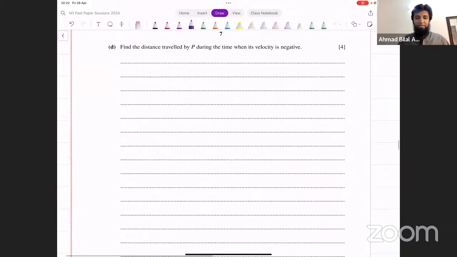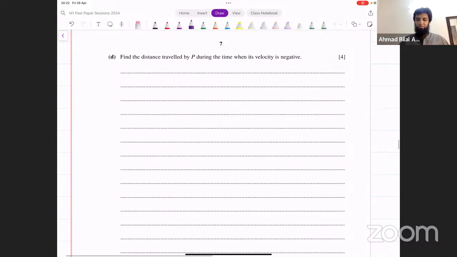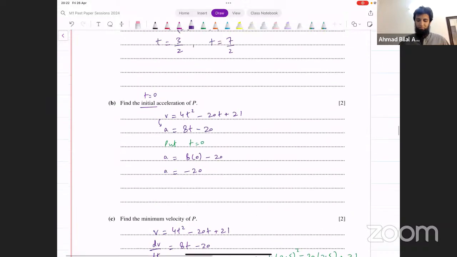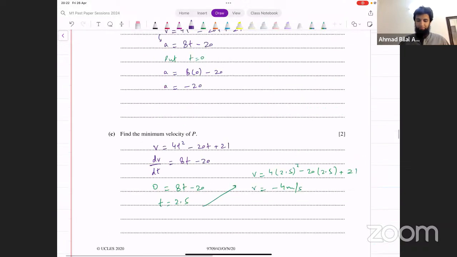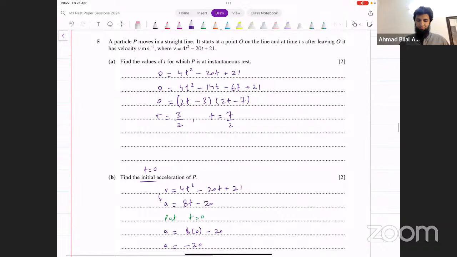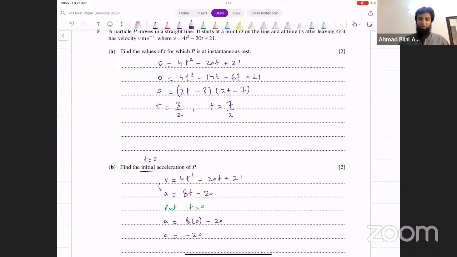Now it says, find the distance traveled by P during the time when its velocity is negative. Now, when is velocity negative? Let's think about this. We know the velocity is 0 at time 3/2 and at time 7/2. And it's a U-shaped graph because it's a quadratic function.